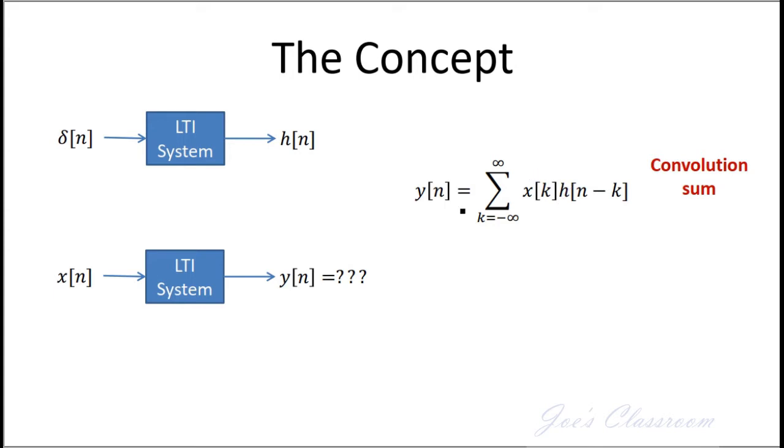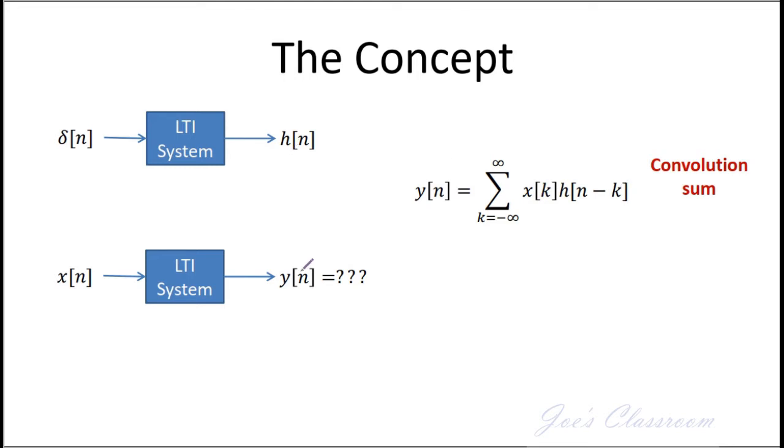y of n is given by the convolution sum, the summation from k equal to minus infinity to plus infinity, x of k, h of n minus k. When we look at this expression, it is very clear that y of n is found from x of k, obtained from x of n, and h of n minus k, which we can obtain from h of n.